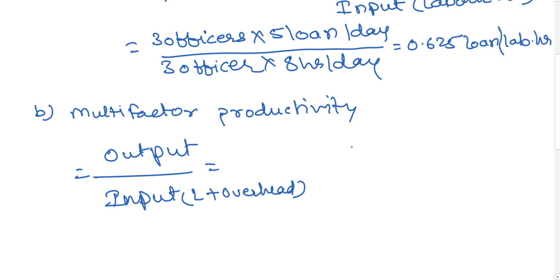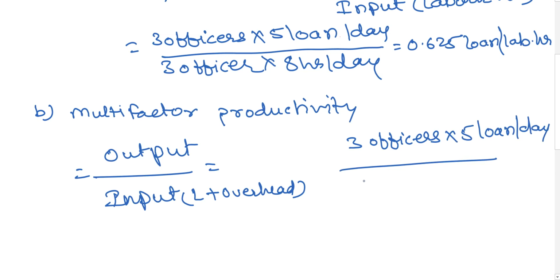Okay, so output we know is 3 officers and 5 loans per day, and we divide with 820, that is the labor charge per day in dollars. 820 dollars per day is the charge by the officer, and 500 is the overhead charge.